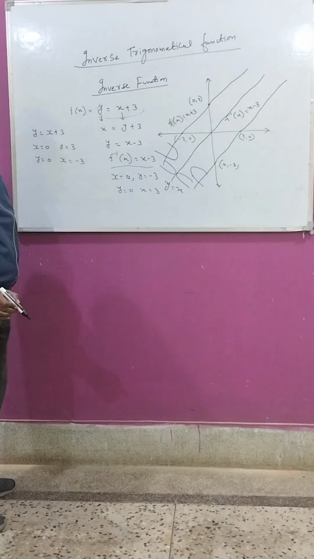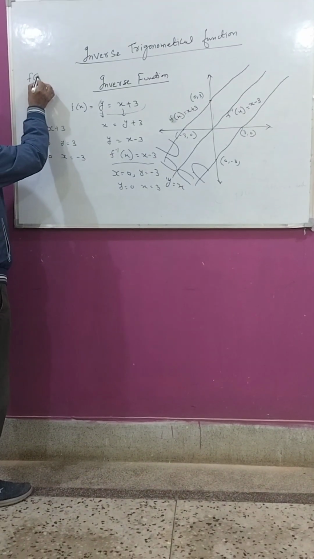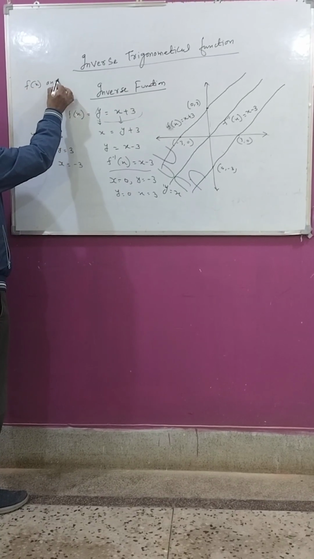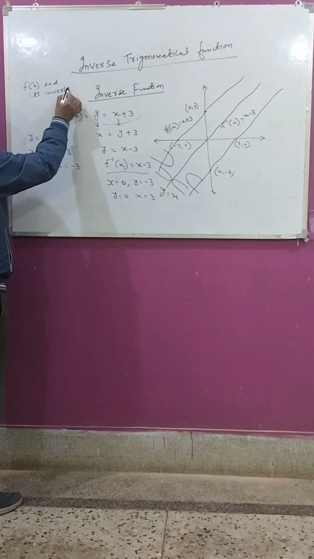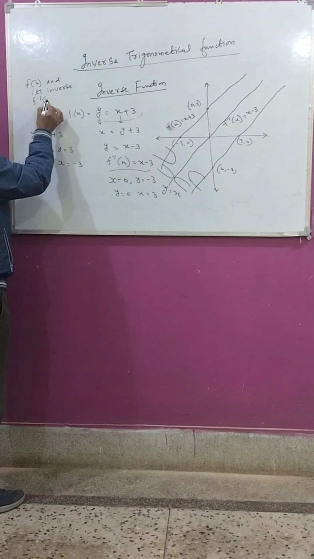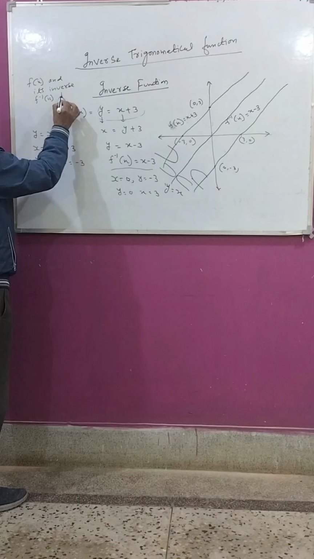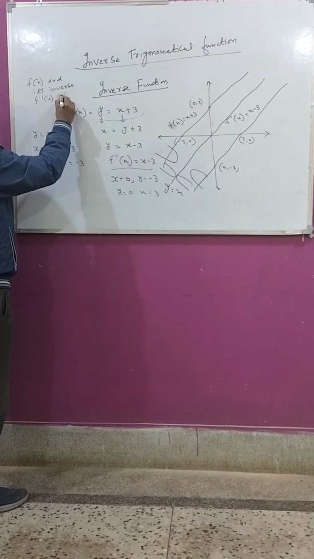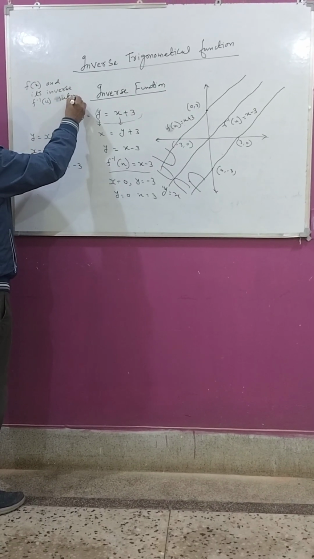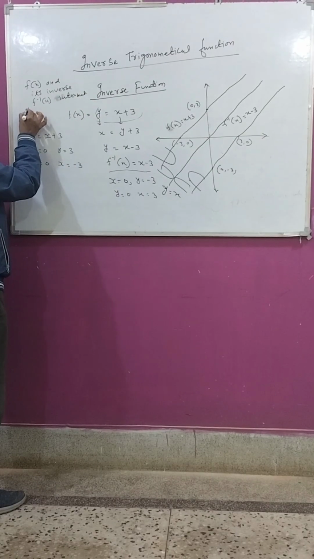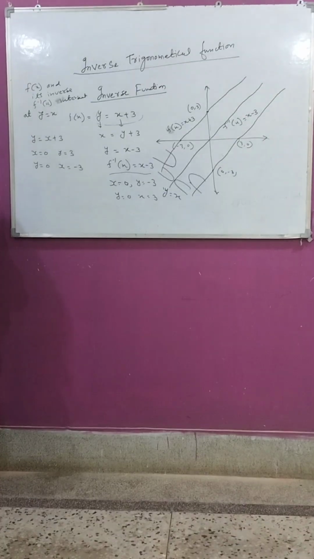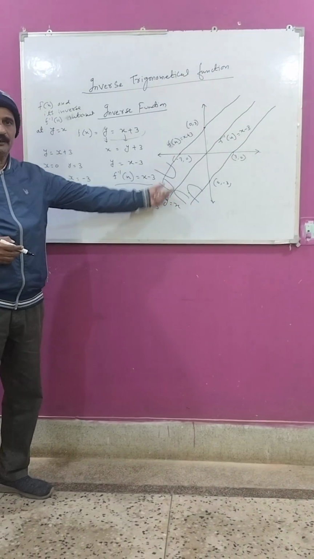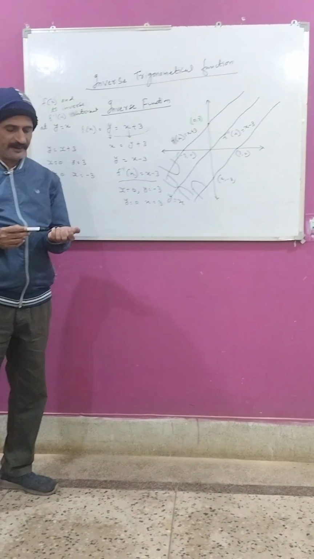That means we can say that the function f(x) and its inverse f inverse x touch each other, or intersect, at y equals x.